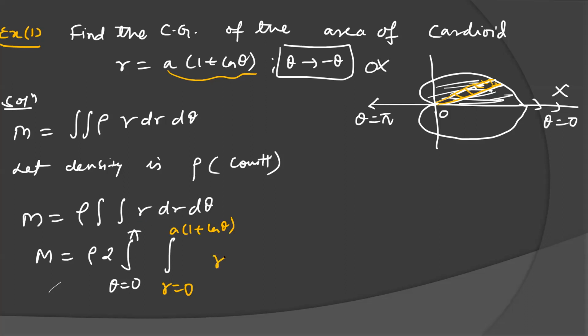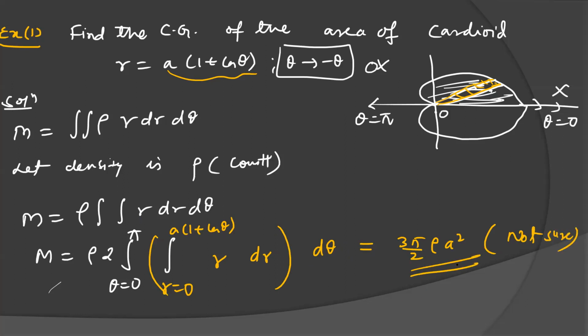Don't put r here, it will be the variable r here, r dr, and outside will be d theta. So if you calculate it, you will get the mass. I think it is equal to 3 pi by 2 rho a square, but not sure. You calculate it, please.